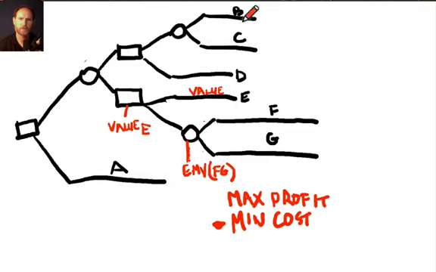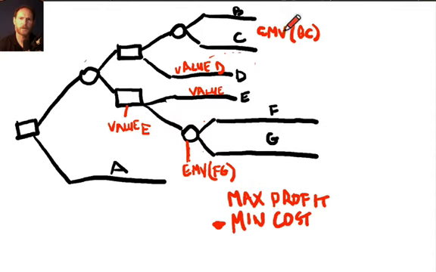And conversely, we could do this here. We'll call this EMV BC. And we'll call this value D. And we would do the same thing.